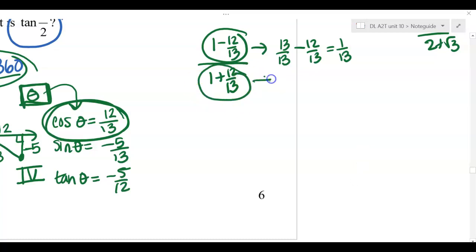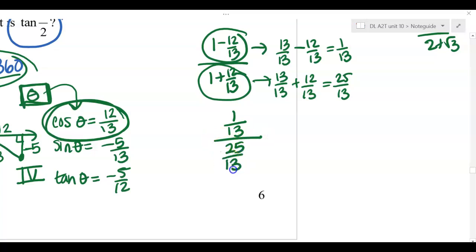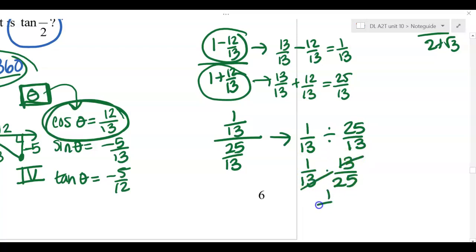Down here, again, I'm going to change 1 to 13 over 13, so that's going to look like 25 over 13. So now my problem in a simpler form says I have 1 over 13 divided by 25 over 13. I'm going to write that out horizontally so you can see the arithmetic involved. That becomes 1 over 13 times the reciprocal, and it becomes 1 over 25.